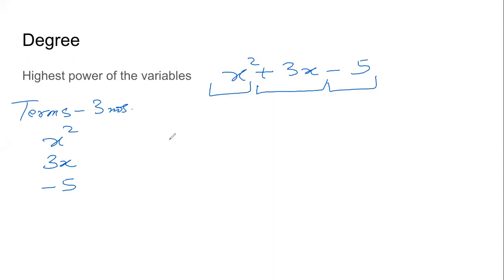The coefficient in the first term is 1. Coefficient of the second term is 3. Coefficient of the third term or the constant is minus 5. What are the powers? Power of the first term is 2. Power of the second term is 1. And power of the third term, Alfia will very excitedly say, is 0. This 2, this 1, and this 0. Now out of 2, 1 and 0, 2 is highest. So our degree is 2.